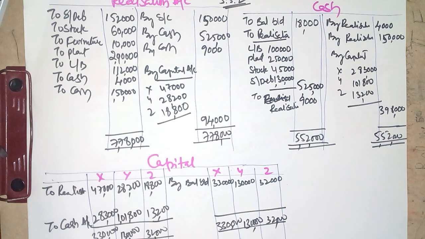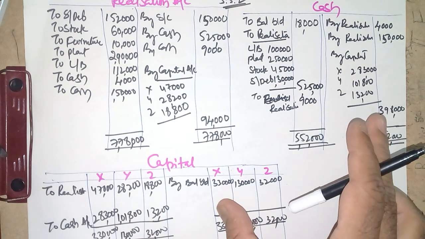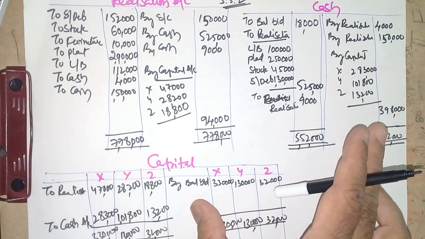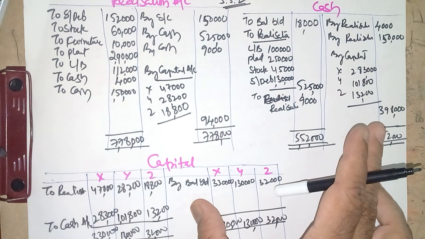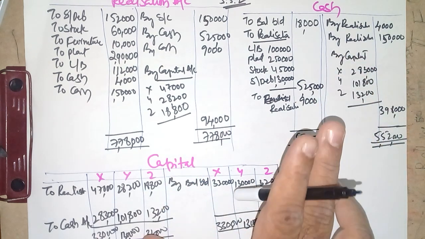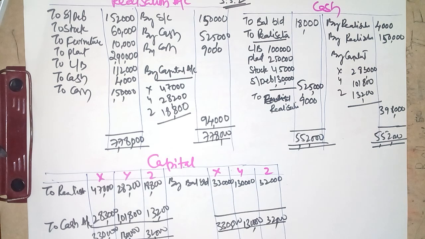So in this way we need to work out the problem of dissolution of the partnership, right? So this is the procedure of working out the problem, and the question which we have done just now is one of the university questions which was asked earlier, right?